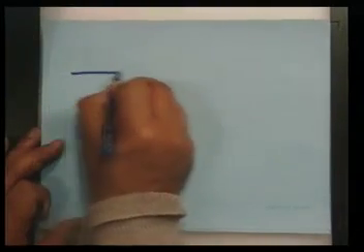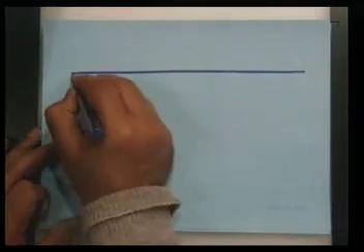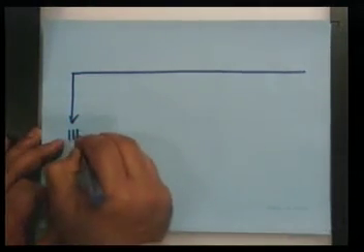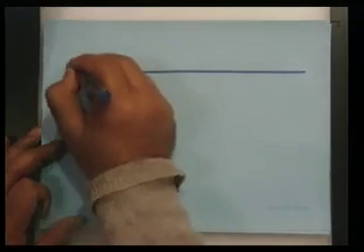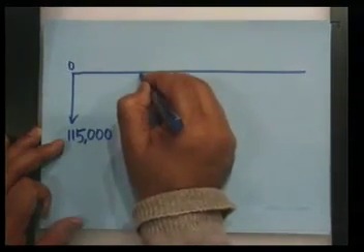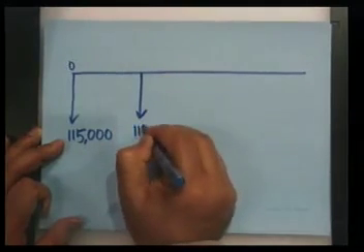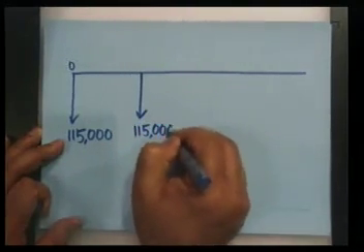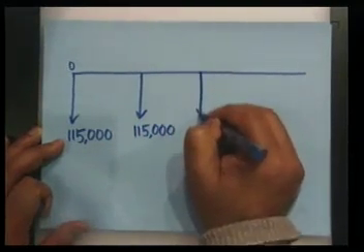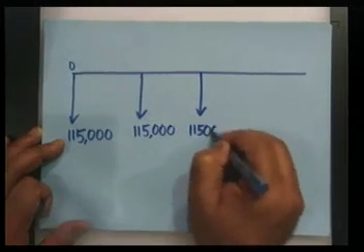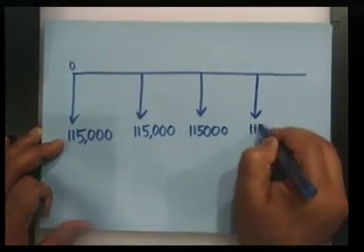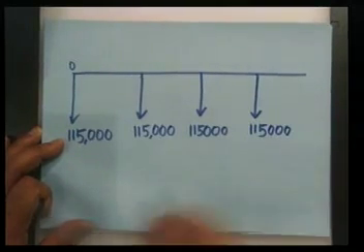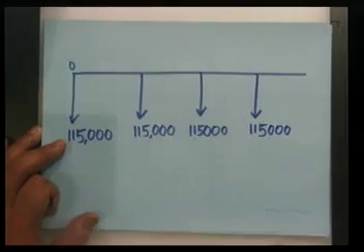It would be like this: 115,000 at 0, then 3, 6, 9. So, this is repeated 4 times.